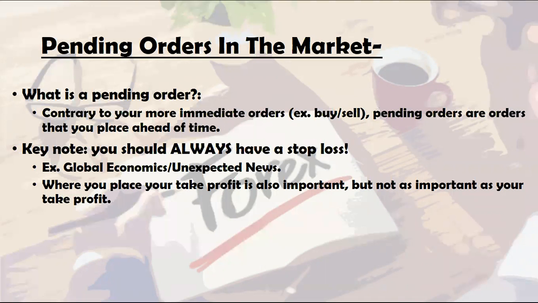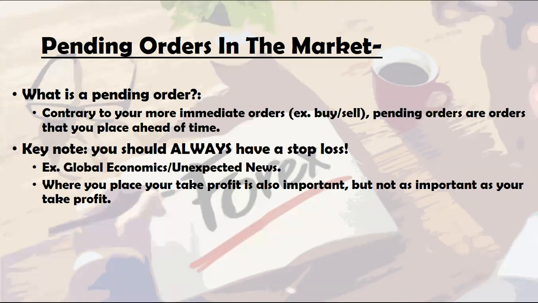While we're talking about orders, I also want to point out that you guys should always be using a stop loss, always. A stop loss is just like a safety net. Now, I do know some traders that don't ever use stop losses, but that's just a risk to me, because you're pretty much saying that nothing drastic in the market is ever going to happen.